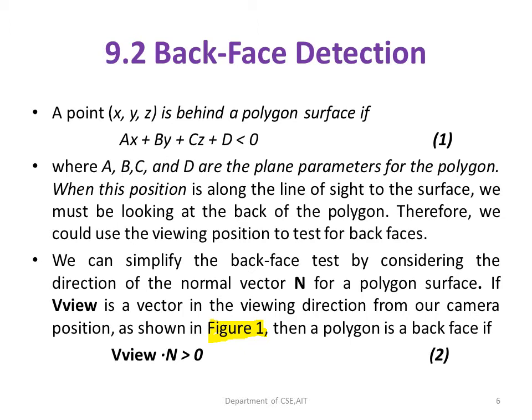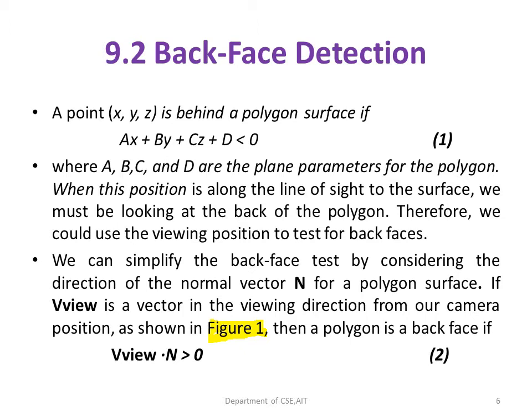Suppose I have the line of sight to the surface along that position itself. That means I am looking at the back of the polygon, so I can neglect it. I can make use of this property: if that position is along the line of sight to the surface, then it is considered a back face.